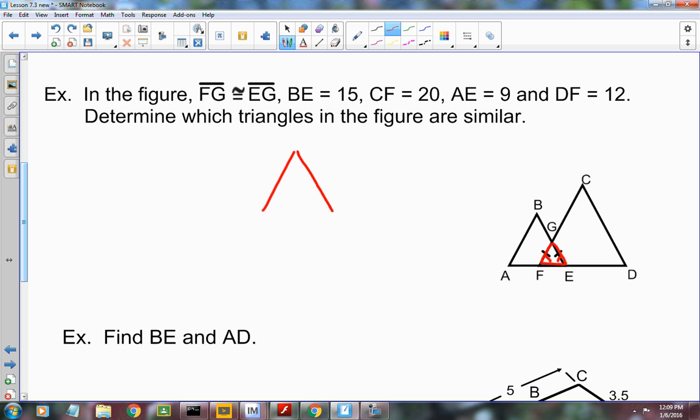So, this is A, B, E here, and then I'm going to make this one over here, which is F, C, D. And I know that F and E are congruent to each other. And then it gives me some values here. But one thing I notice is that one of them is a reflected version of the other.